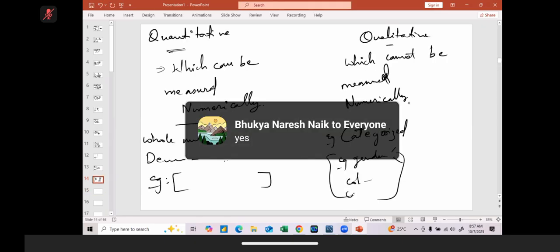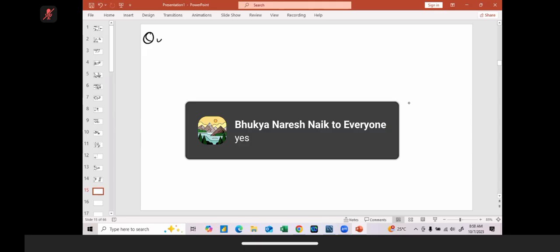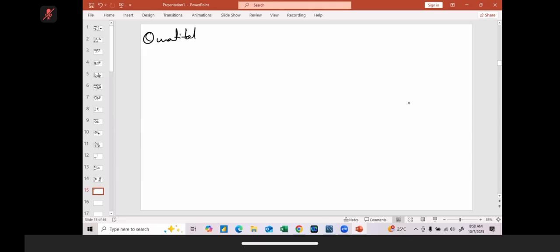These are two types of variables, and quantitative is again divided into two types: one is discrete, one is continuous. Meaning of this discrete and continuous? What is discrete?